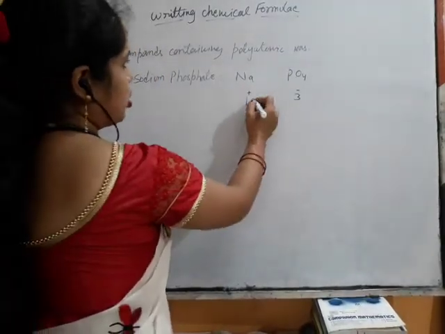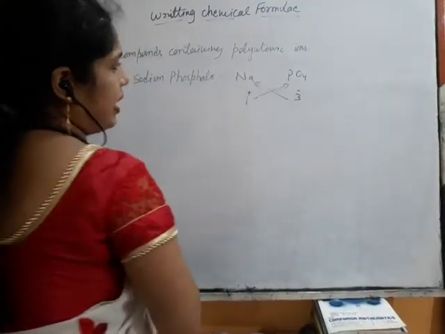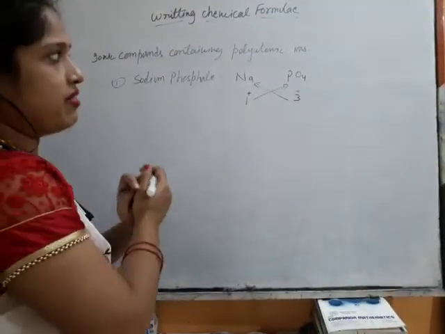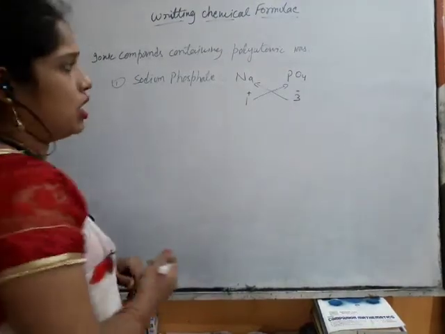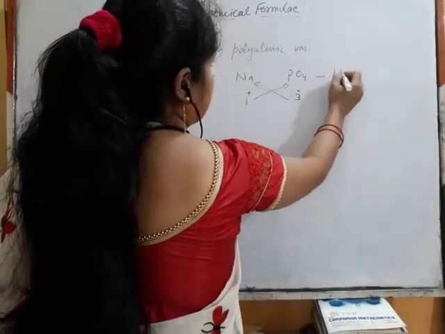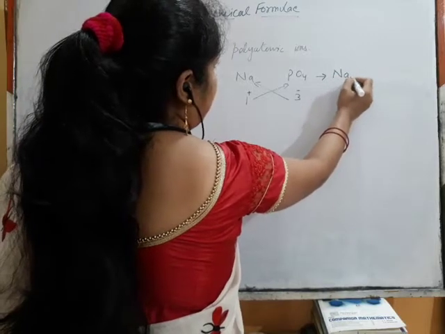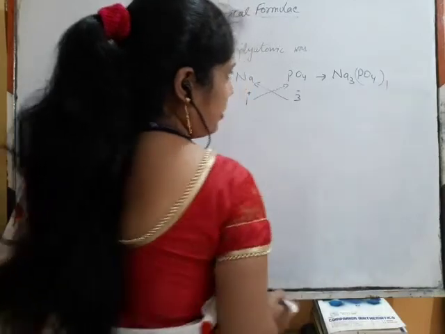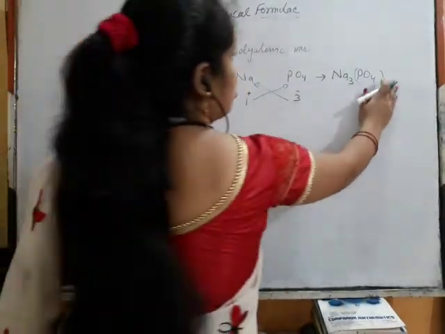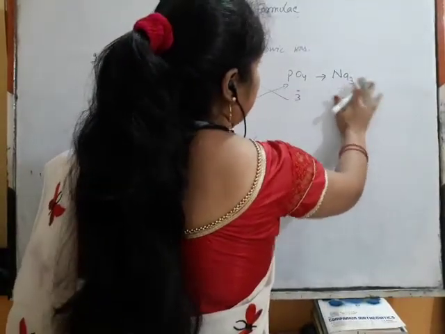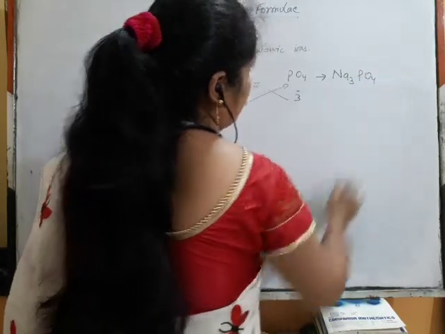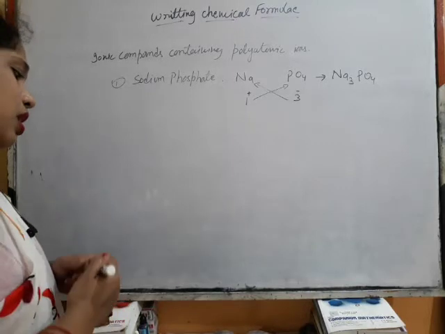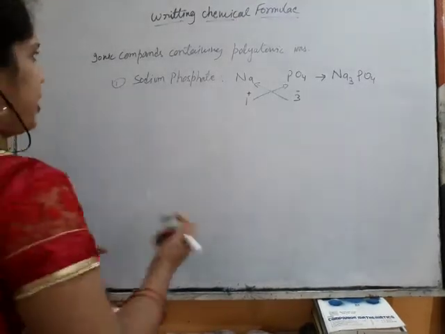So they will again crisscross here. The polyatomic ion is enclosed in bracket and the valency will be written in the subscript position of that. So this will be written as Na3PO4 close 1. Here it is 1 only, so we need not put in the bracket. Simply PO4. So Na3PO4 is the chemical formula of sodium phosphate.